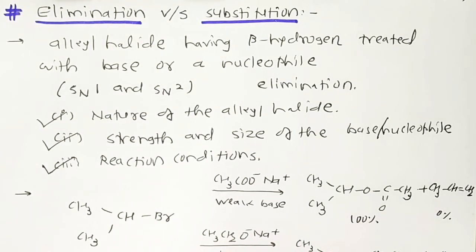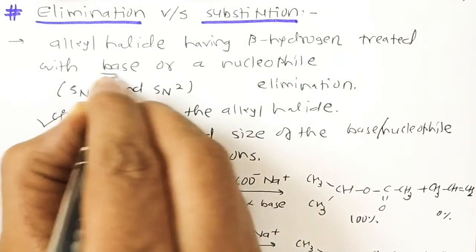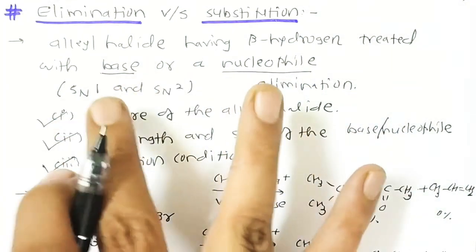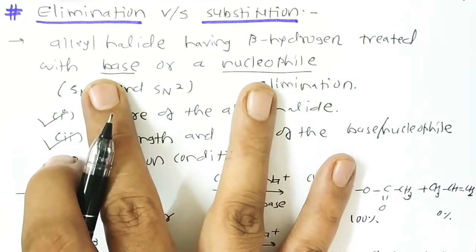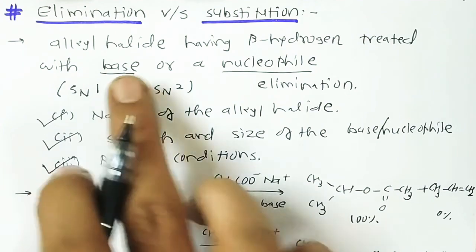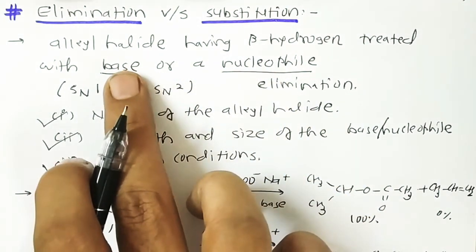Why is this concept required? First, when an alkyl halide has a beta hydrogen, it is treated with a base or a nucleophile. There's a difference between base and nucleophile. Both have a lone pair, but what is the difference?